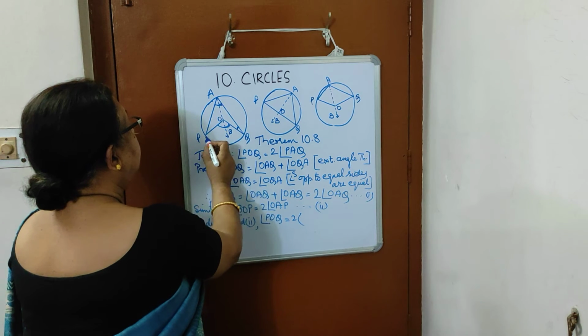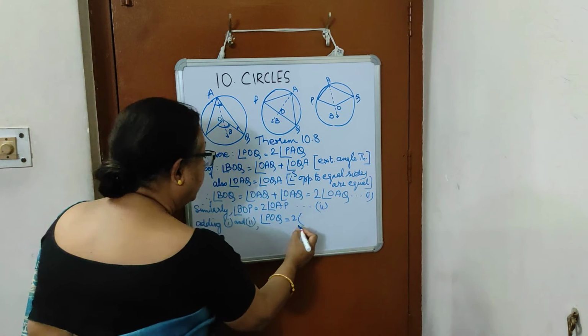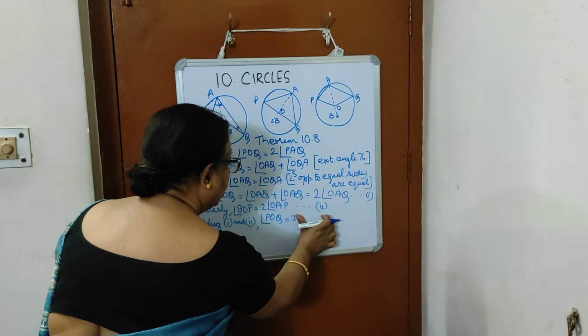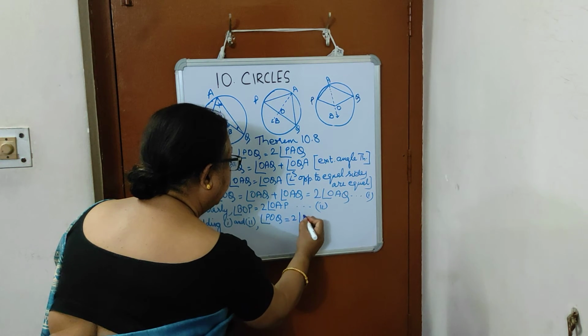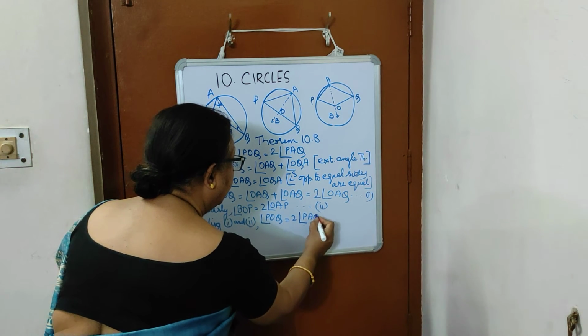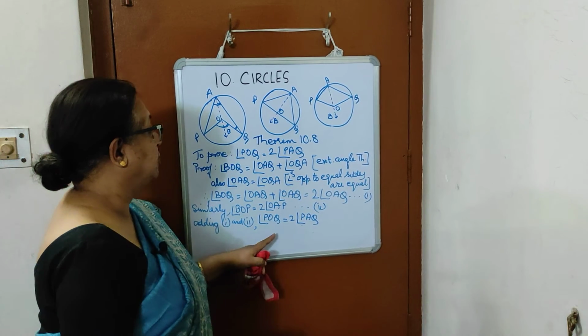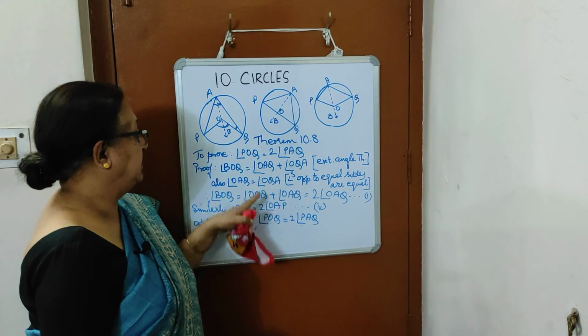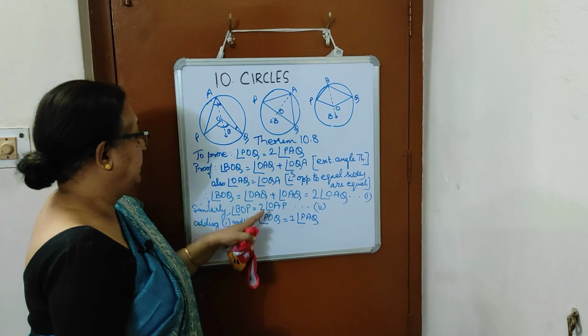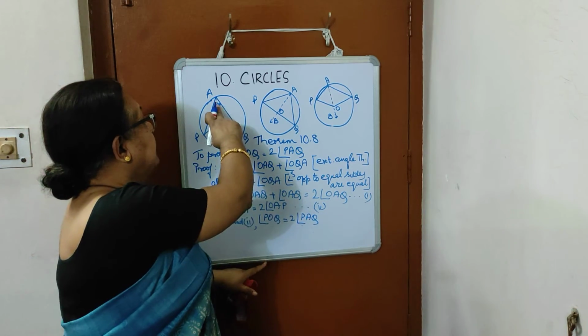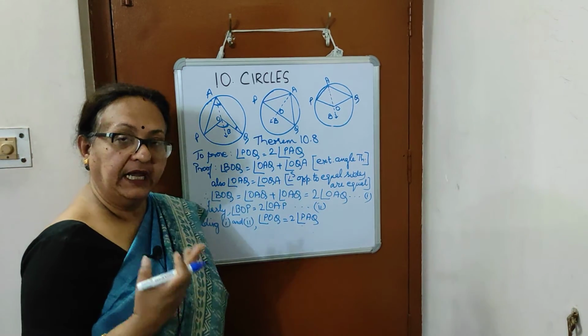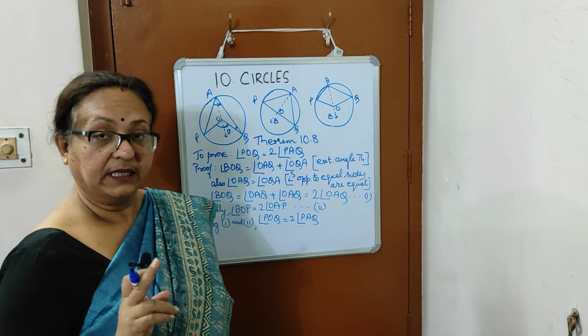So this total is PAQ. Twice angle PAQ, and this is what we had to prove, that is angle POQ is twice the angle subtended at any point on the remaining part of the circle.